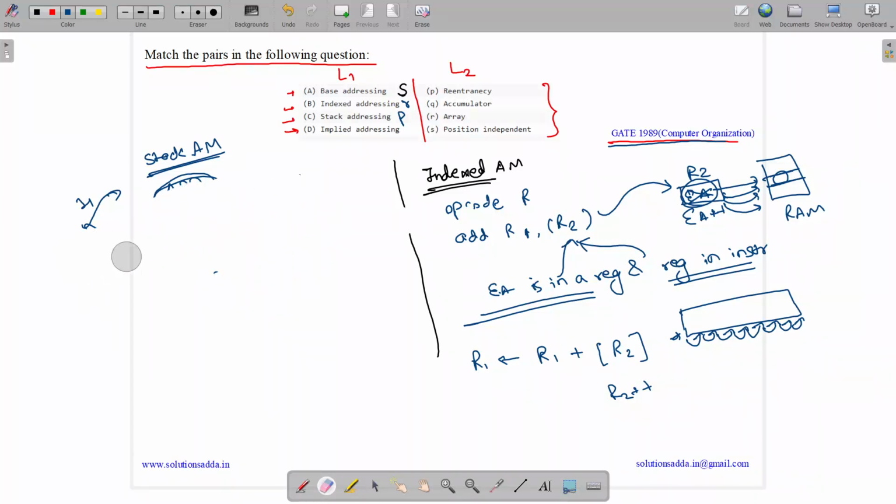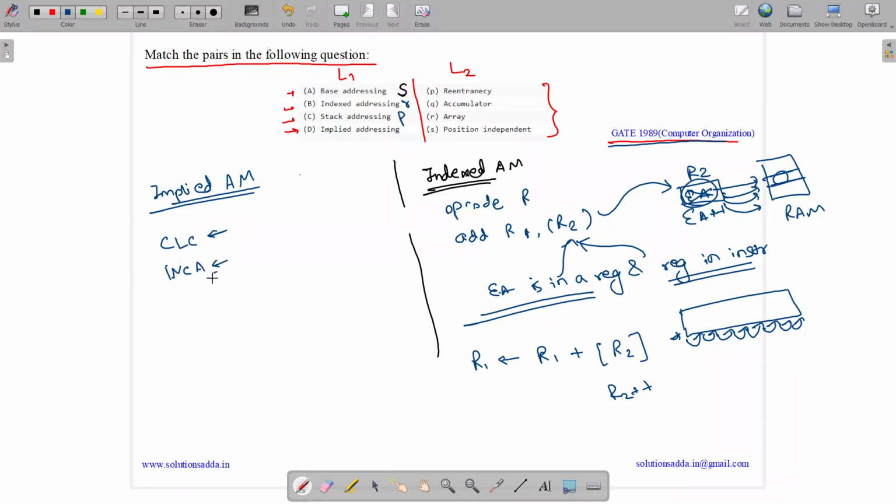Implied addressing mode is basically used for zero address instructions. An example of implied addressing mode is CLC, which means clear the carry flag. Another example is INCA, which means increment the accumulator. All these are zero address instructions.